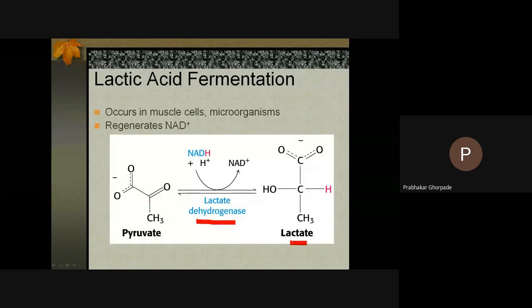You can see here first carbon, second carbon, third carbon. So this is pyruvate, a 3-carbon molecule. At the second carbon, a C double bond O is present, but NADH carries hydrogen. So it says, okay, I will give hydrogen here. You can see here, it gets converted into OH.